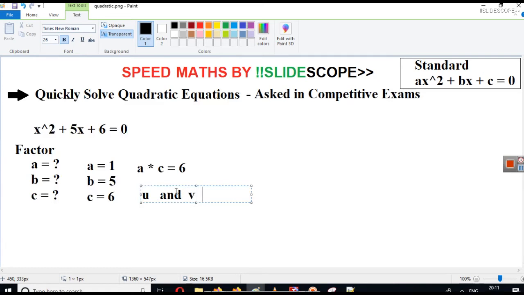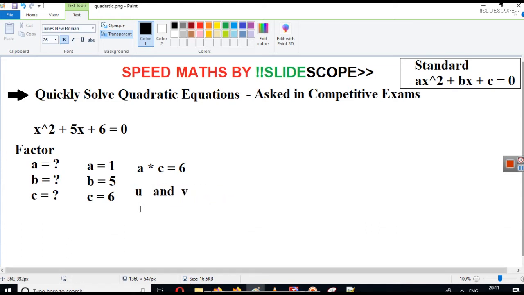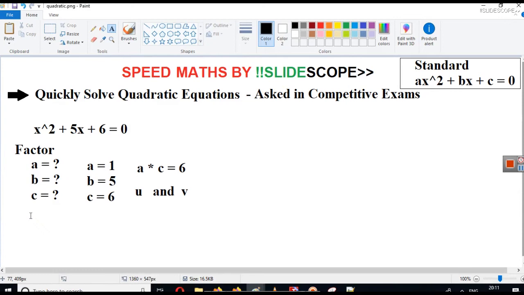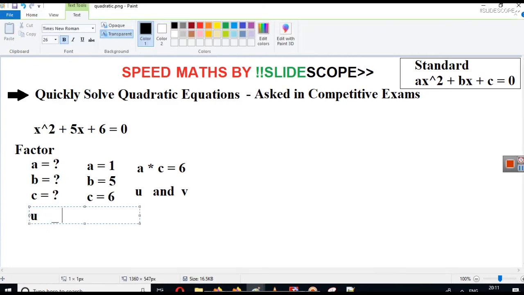So u and v are two values, and it should be such that u plus v is equal to b.